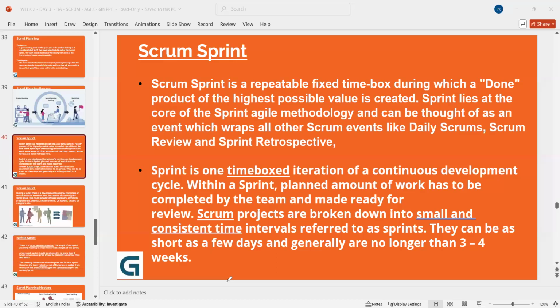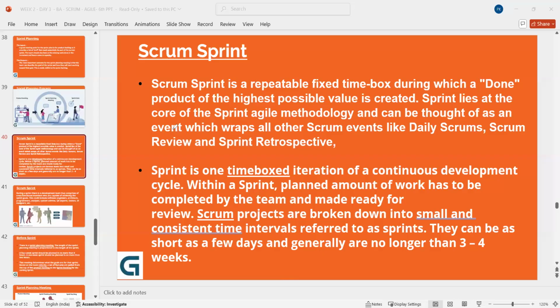In case somebody, out of curiosity or out of habit, asks you what is a sprint, this is your answer: Scrum projects are broken down into small and actionable items which are called sprints. You get it? They can be as short as generally 1 week, that is 5 days, or as long as 3 to 4 weeks. So we are absolutely done with this.